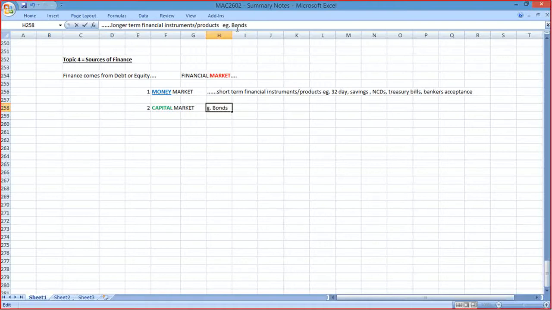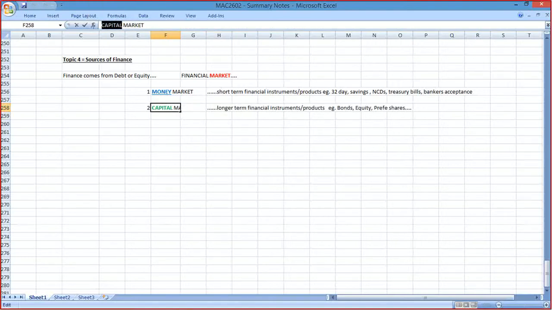Those are normally longer term. You do get short term bonds, but bonds generally would be viewed as slightly more longer term. In the capital market you'd be looking at things like equity, maybe preference shares, and those would be long term instruments. So that's all it is.